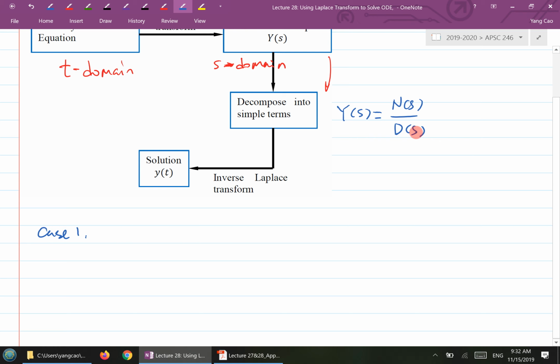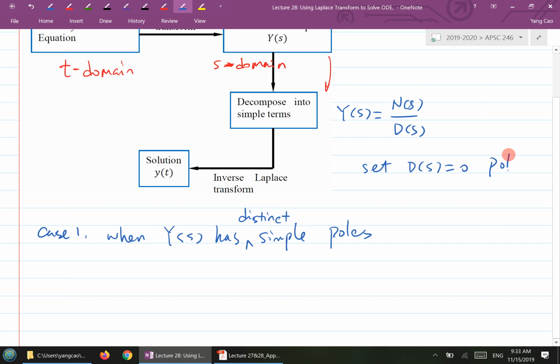The first case is when Y(s) has distinct simple poles. Basically, when you set D(s) equal to 0, you get the so-called poles.